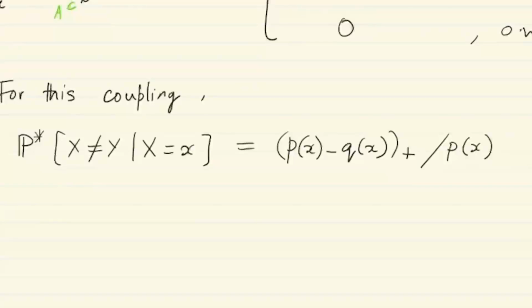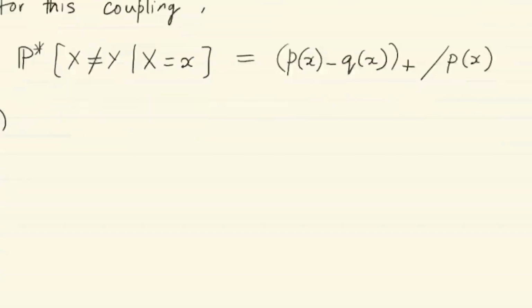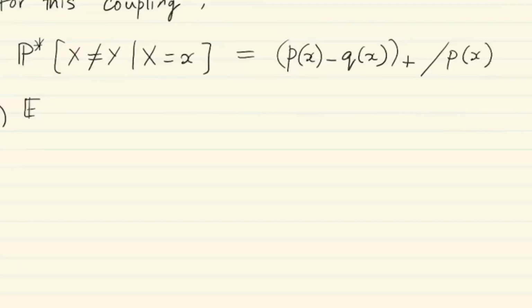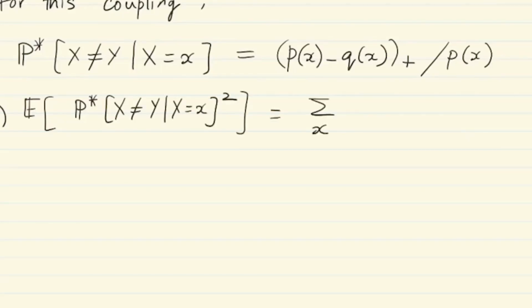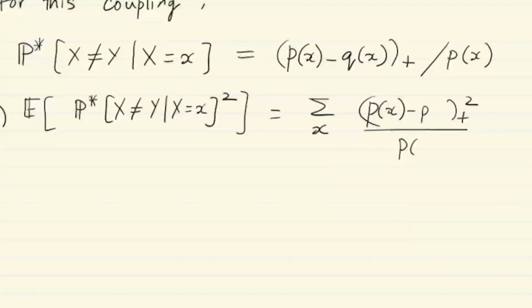And this implies that the expected value of this conditional probability squared is just the sum over all x of the squared right hand side expression, divided by p(x) squared, but you also multiply by p(x) because you're taking expectation with respect to small x. We just get p(x) in the denominator, as opposed to p(x) squared.